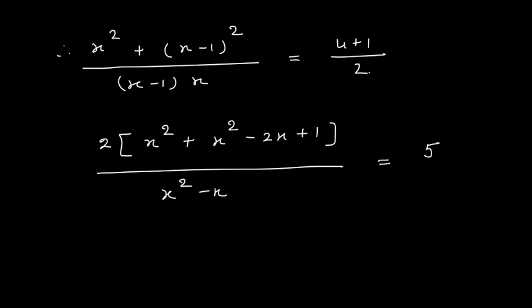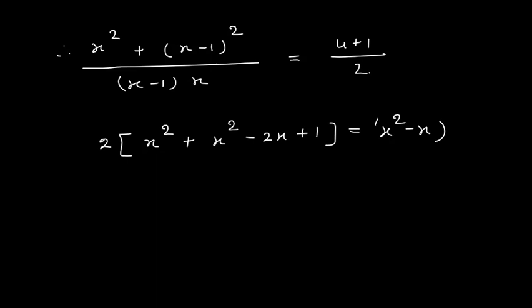As I multiplied 2 on this side, similarly we could have multiplied the denominator part on the right hand side, and by that we could have eliminated one step. So here it is x into x, x square minus x into 4 plus 1, 5.